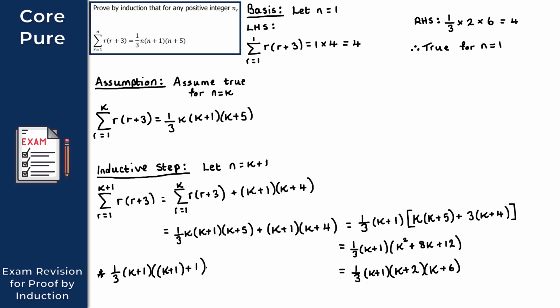And then for the third bracket, we get k plus 1 plus 5. Okay, and there we have it.